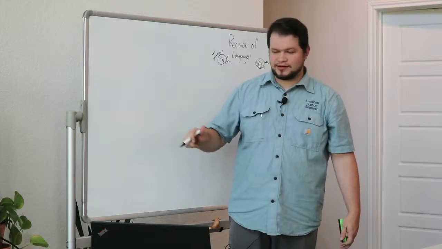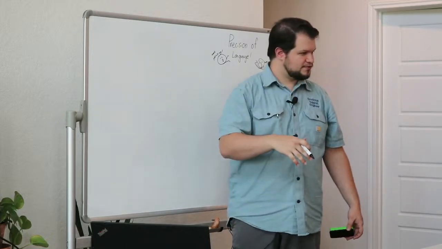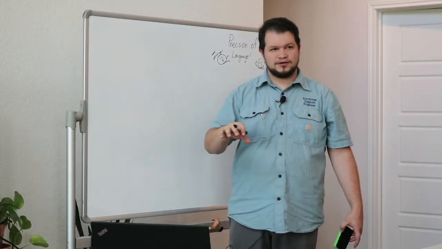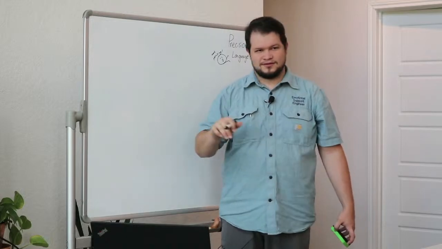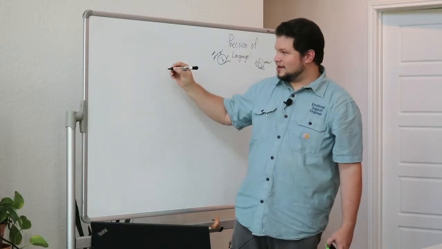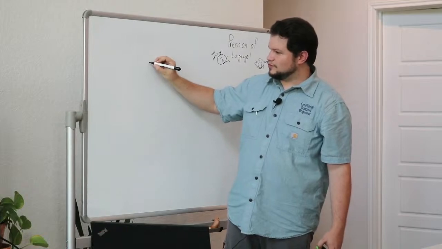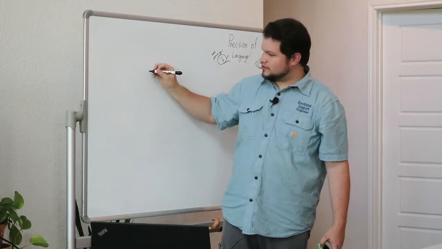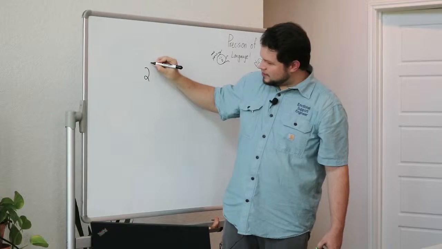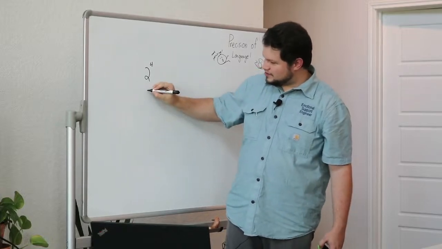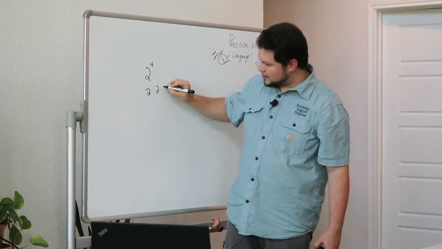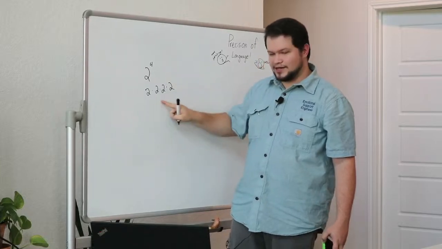A quick shortcut is exponents. Is everyone here familiar with exponents and how they work? An exponent, just for those online that may not know, is raising something to a power. So if I did 2 raised to the power of 4, this would be the same thing as writing 2 times 2 times 2 times 2, 4 times.